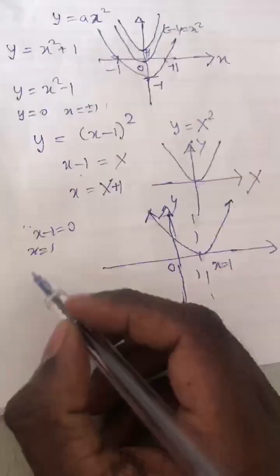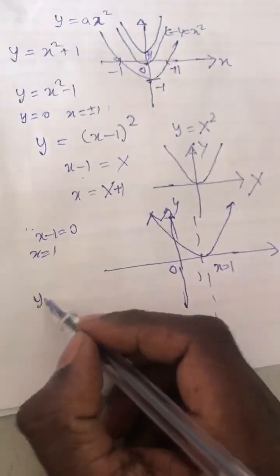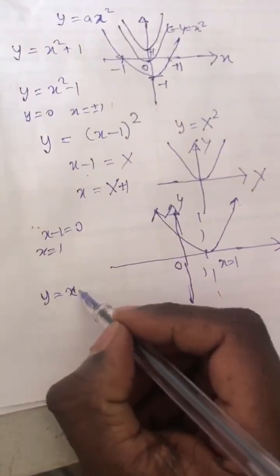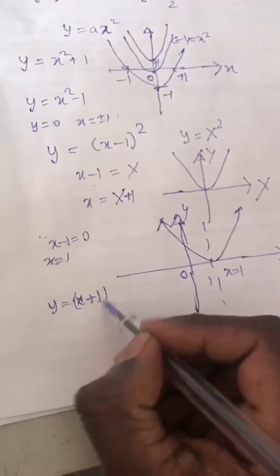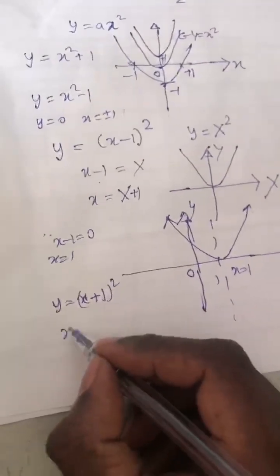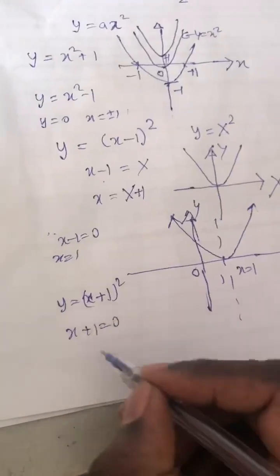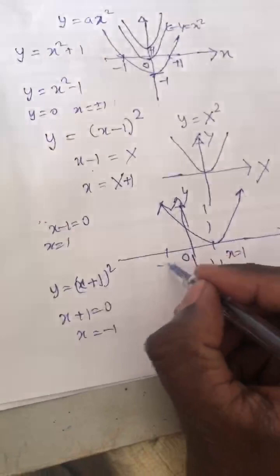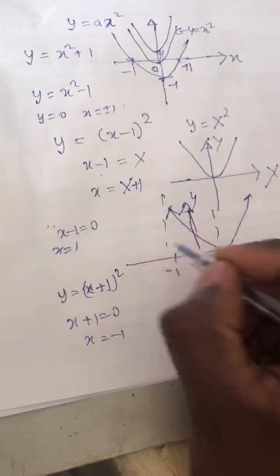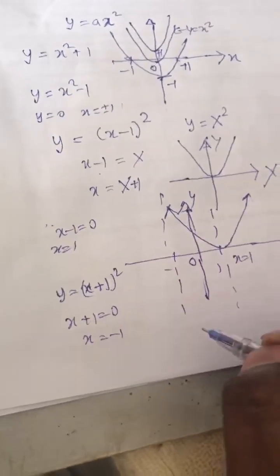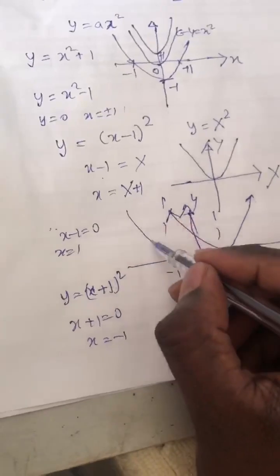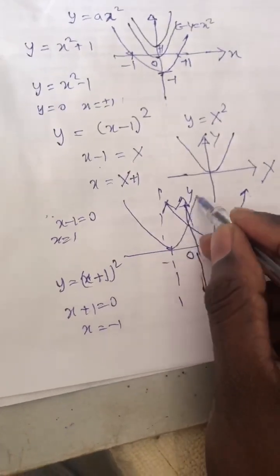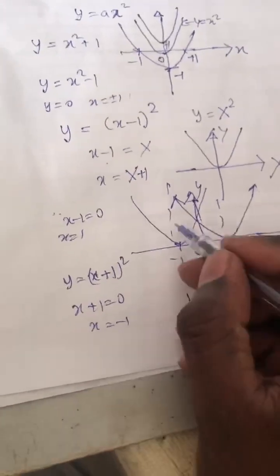So the equation of symmetry is changing like that. When we use y equals x plus 1 squared, that means x plus 1 equals 0, x will be minus 1. That means minus 1 here. The equation of symmetry is here. So the graph is shifting horizontally backwards.